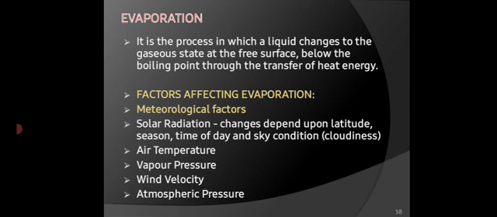Likewise, vapor pressure: if the vapor pressure is more, evaporation will be less. If wind velocity is more, evaporation will be more. If atmospheric pressure is more, the evaporation is less, because that air is already moist, and moist air always decreases the evaporation rate.